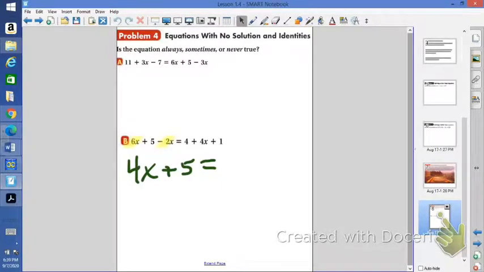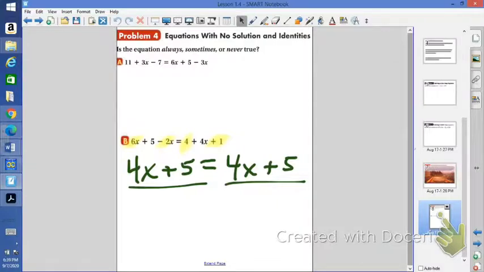On the right hand side, I have a 4 and a 1. I have two numbers. So 4 plus 1, that's going to give me 5. So you're going to have a 4x plus 5 on the right hand side. So now what you'll notice is the left hand side equals the right hand side.